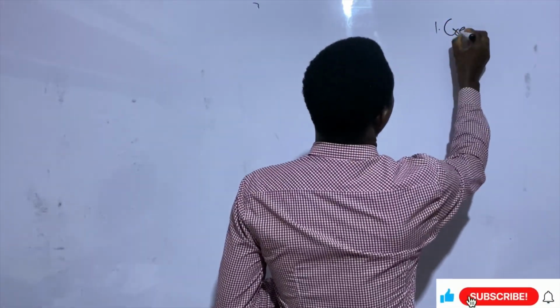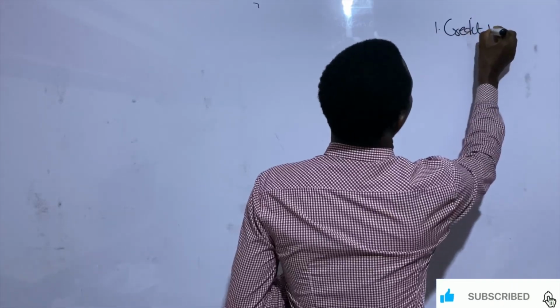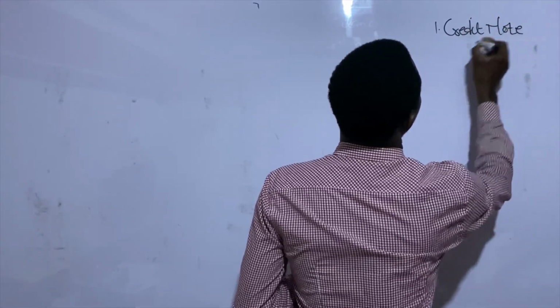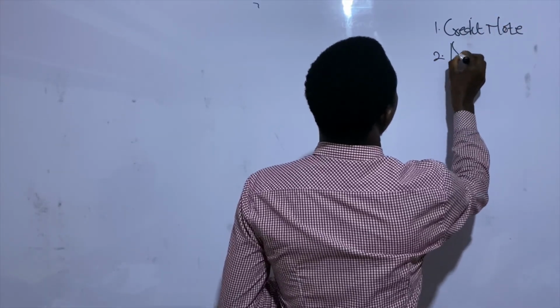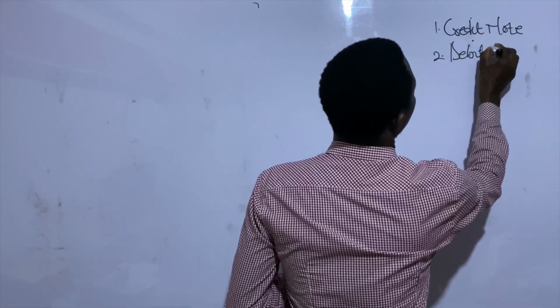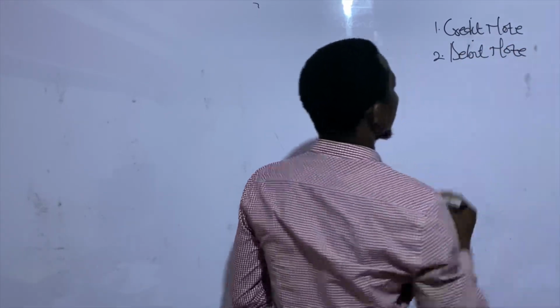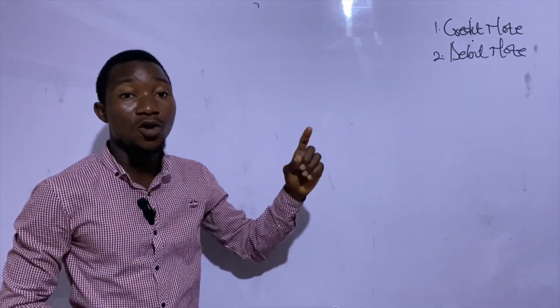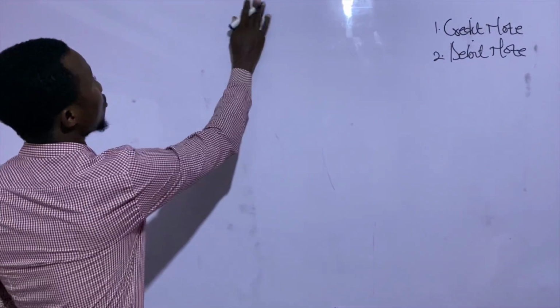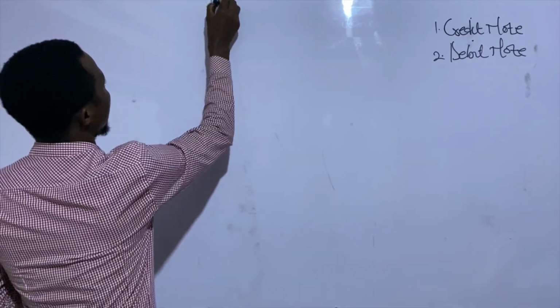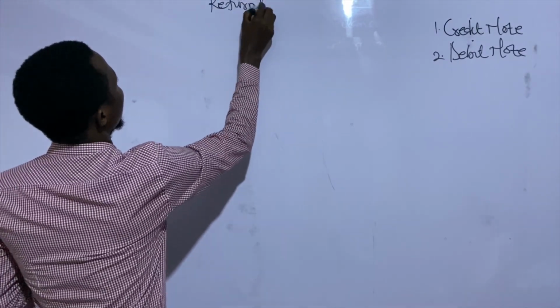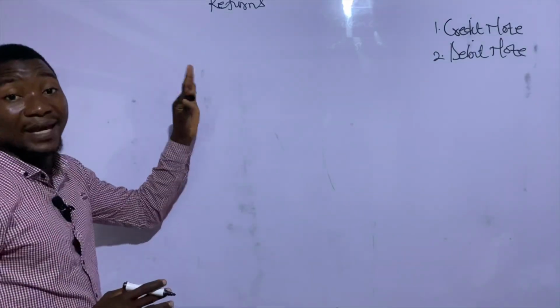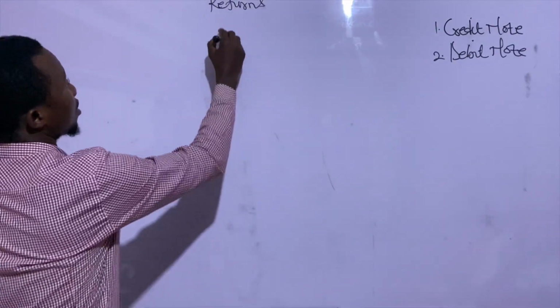So credit note and debit note. Good. These two terms arise as a result of a term called returns. So we have returns, and these returns are classified into two.